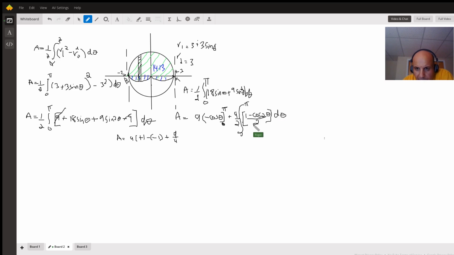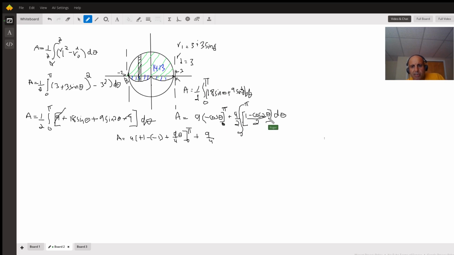So 9 over 4 d theta integration will be 9 over 4 theta. And what are we integrating for? From 0 to pi. Plus 9 over 2 times half, also 9 over 4.